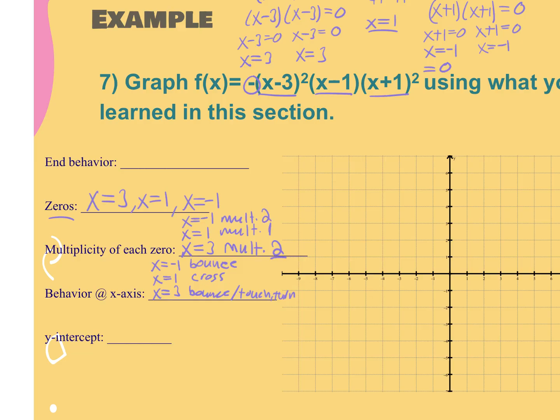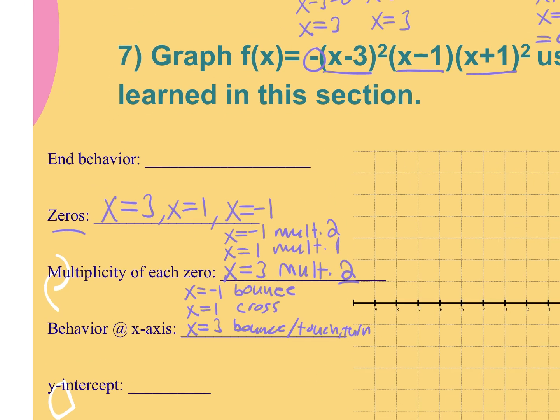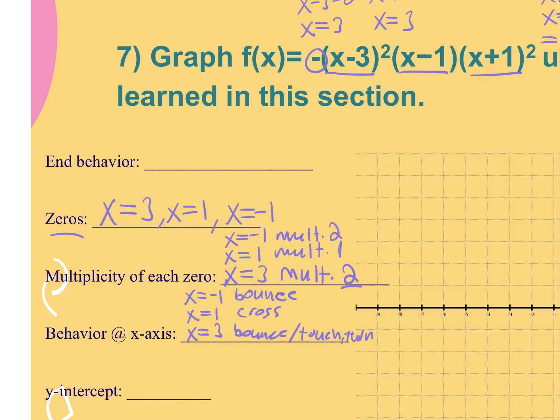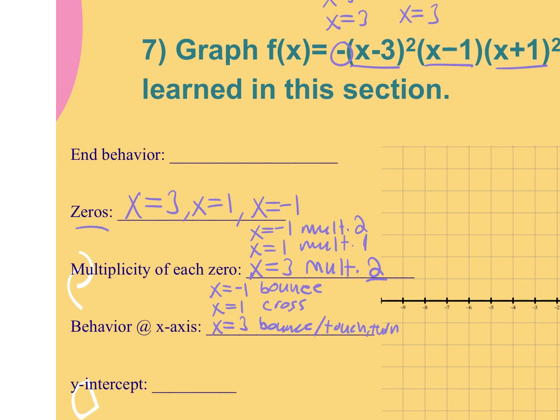Okay, so that's how we find all that information. That actually helps us find our end behavior, believe it or not. The end behavior is determined based on the highest exponent. But we had also mentioned in the previous lesson that the highest exponent tells you how many answers you should get. So you can count how many answers you got here, including their multiplicity, to get your degree.